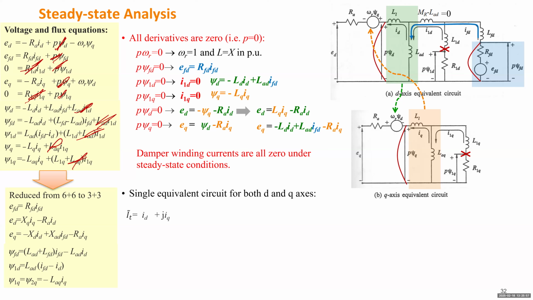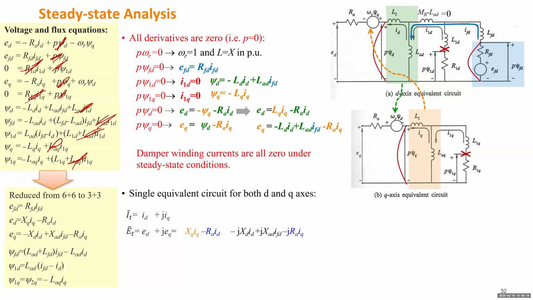So we use one complex number to indicate the total current, considering both D and Q components. Similarly, we can define the terminal voltage phasor, which is E_T tilde, which has the real part, lowercase e_d, and imaginary part, lowercase e_q.